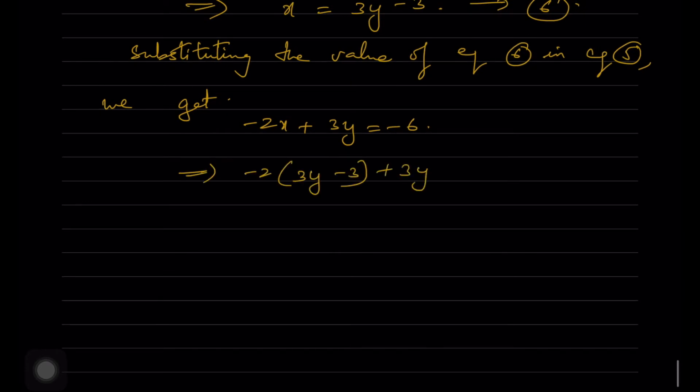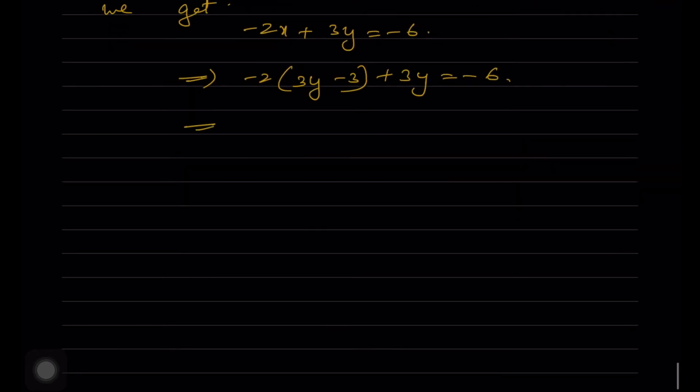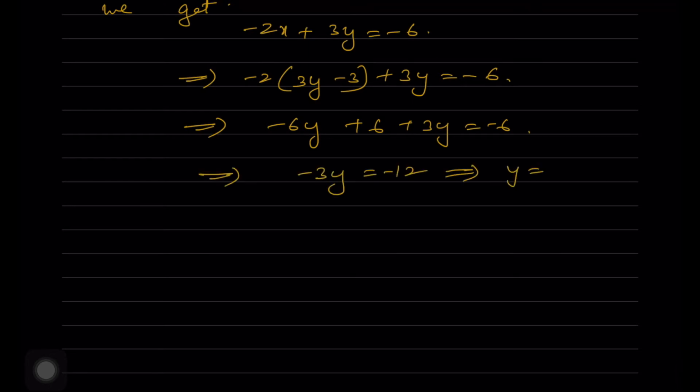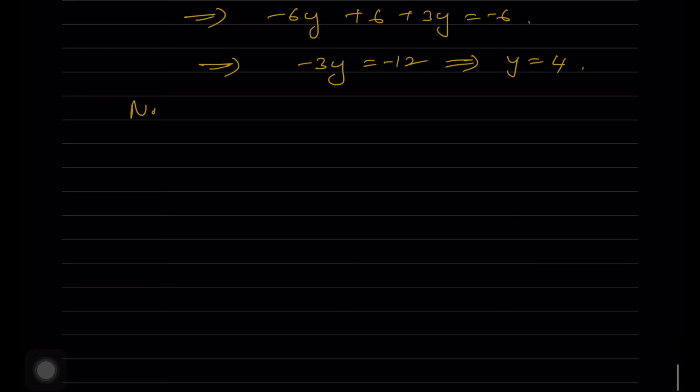Minus 2 into 3y minus 3 plus, in place of x we are writing it as 3y minus 3. So when you are solving it, you are getting it as minus 6y plus 6 plus 3y is equal to minus 6, or minus 3y is equal to minus 12, y is equal to 4.